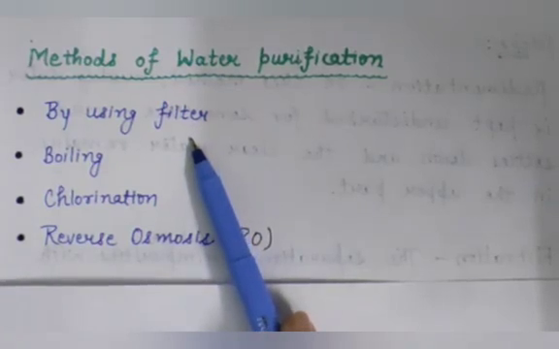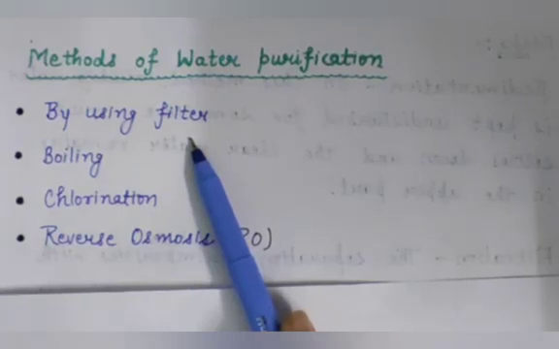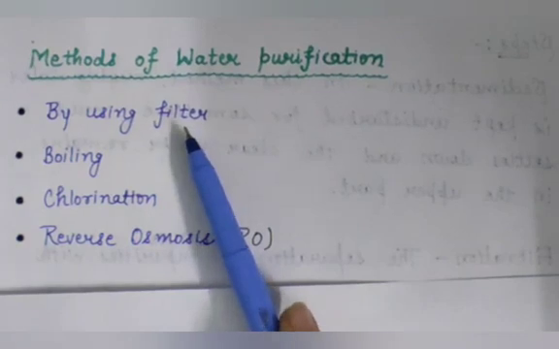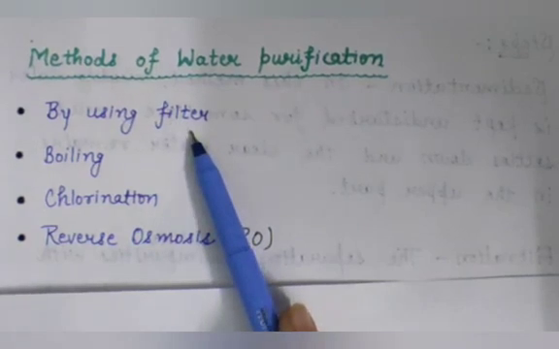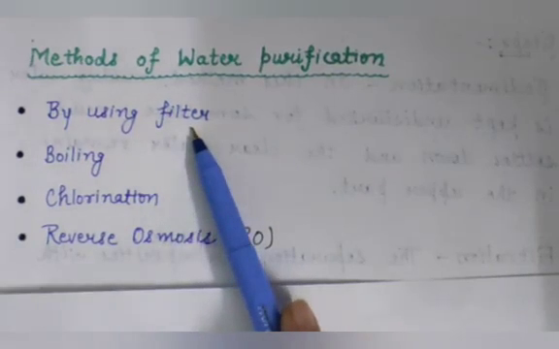In a filter there is a membrane which allows only pure water to pass through it, and other insoluble impurities are left over the membrane. Okay, so in this way, by using a filter, we can purify the water.